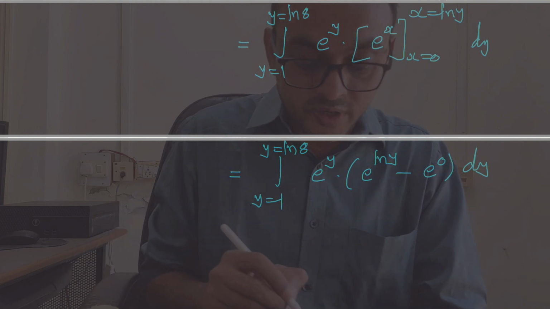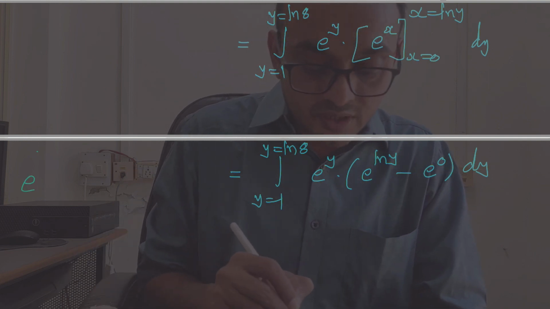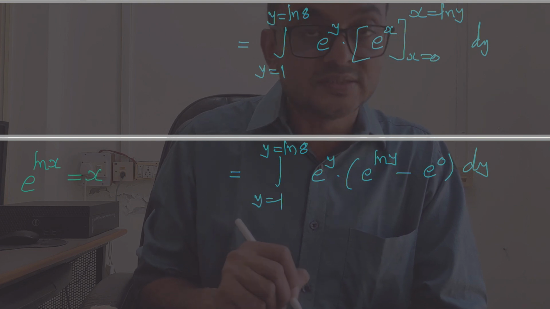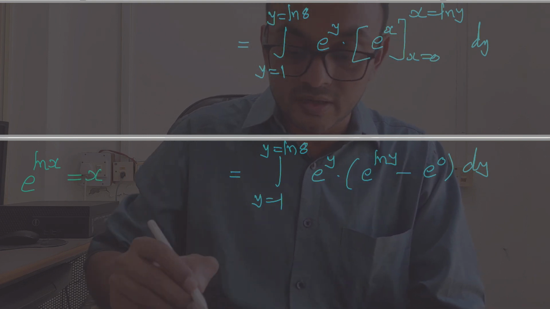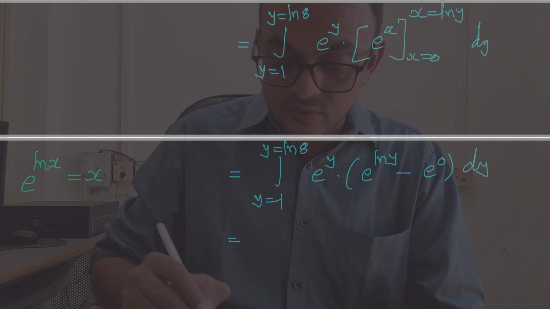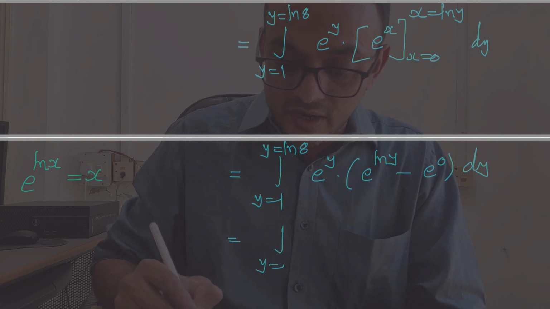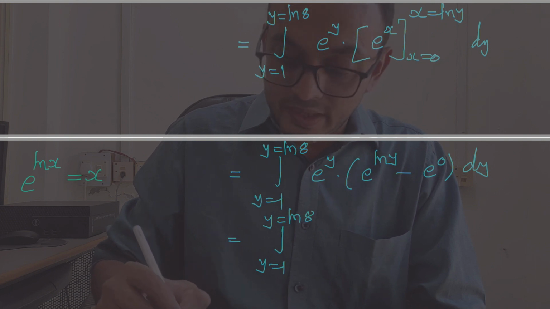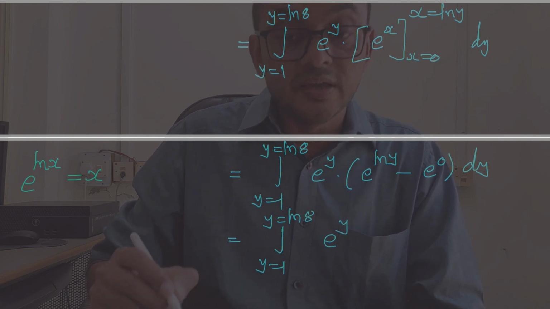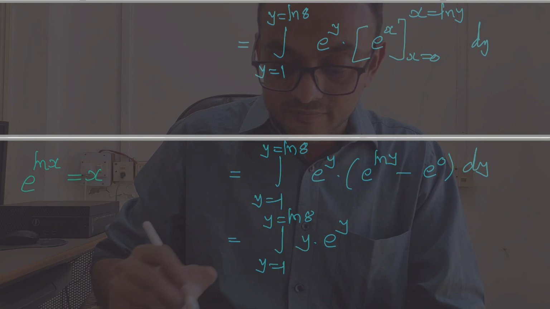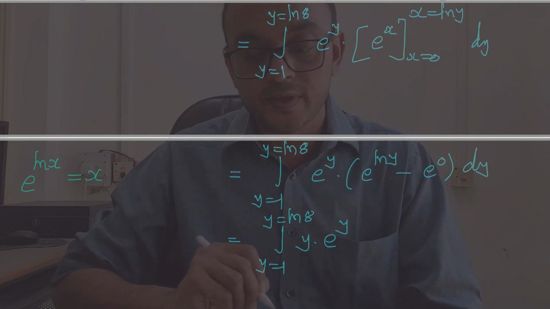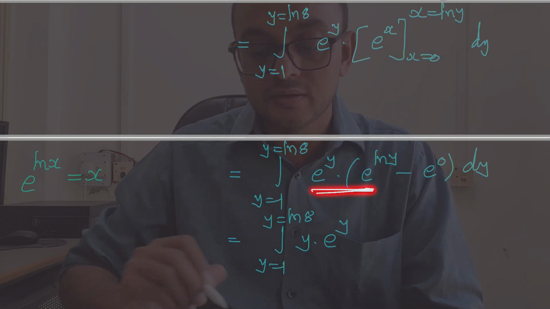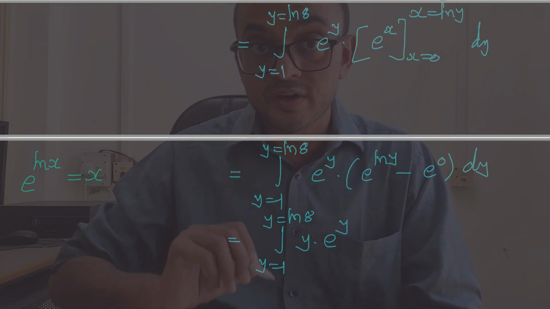Now you know what is the formula for e raised to ln x. e raised to ln x is x. You know this, right? So this is equal to integration y equal to 1 to y equal to ln 8 e raised to y as it is. e raised to ln y is y. So this is y e raised to y, because e raised to ln y is y.